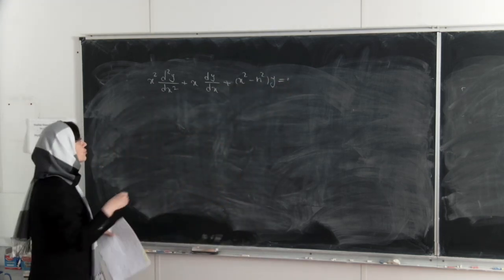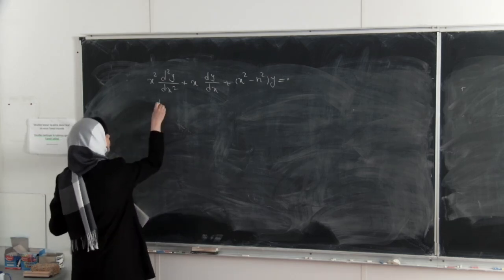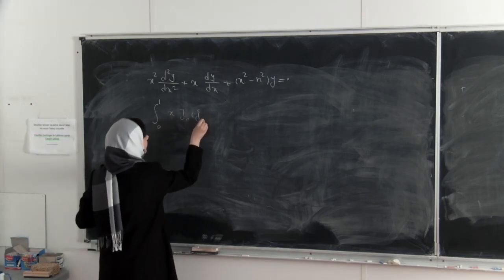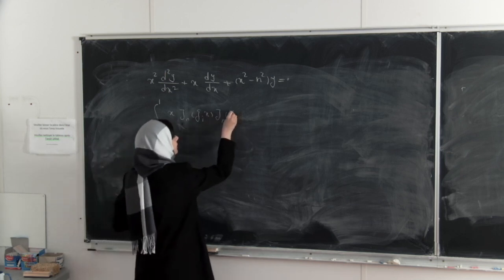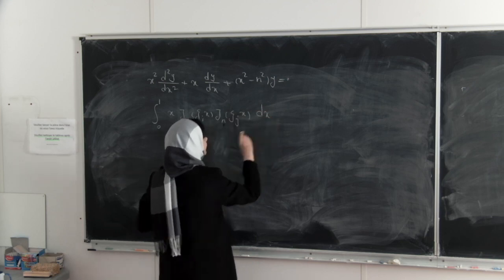And now I want to show you this property: integral 0 to 1 of x Jn of chi i x times Jn of chi j x dx.